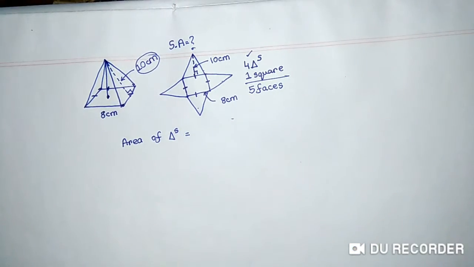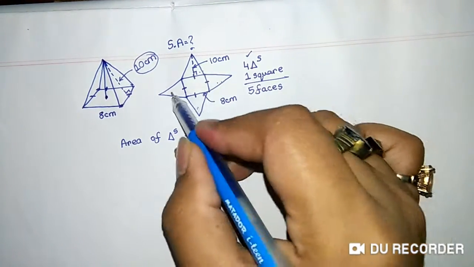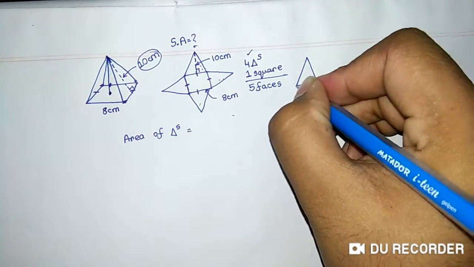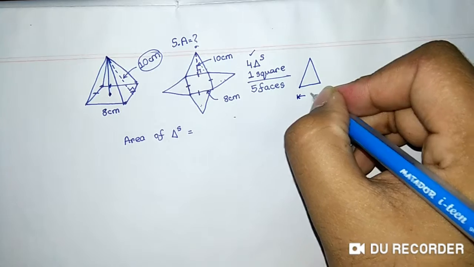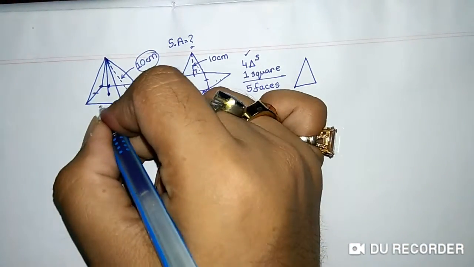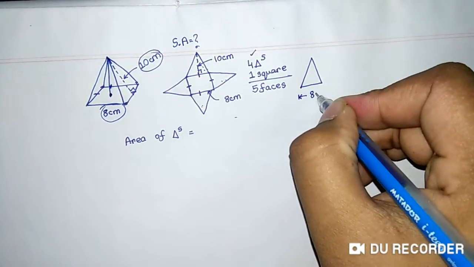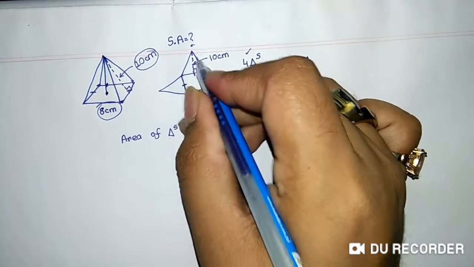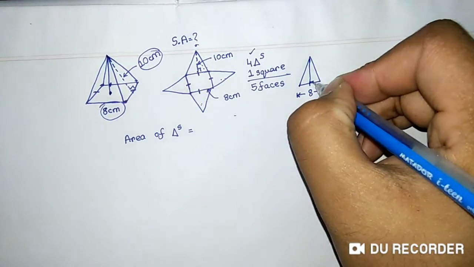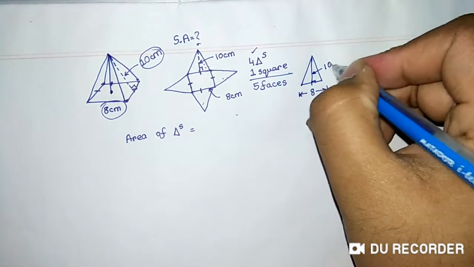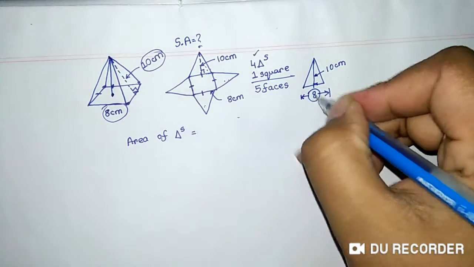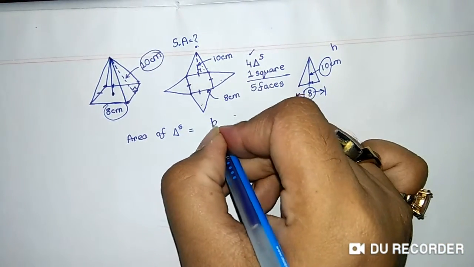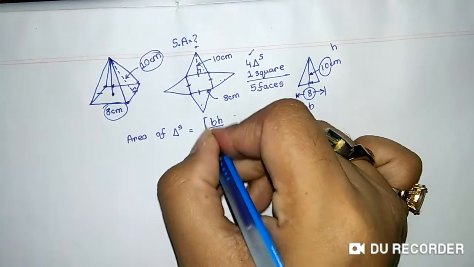As we know, the 4 triangles are going to be the same triangle with the same dimensions. So let us redraw it. The base of the triangle is going to be 8 centimeter, which you already know, coming from the length of the square, and the height of the triangles are all 10 centimeter. So this is going to be my base, this is going to be my height. So base times height divided by 2.